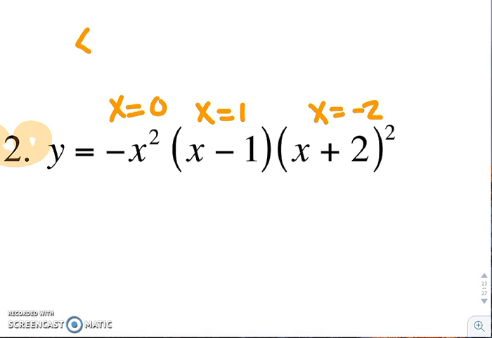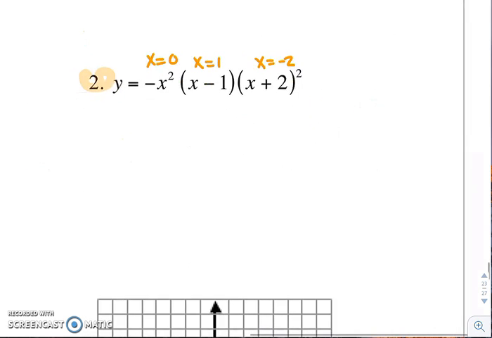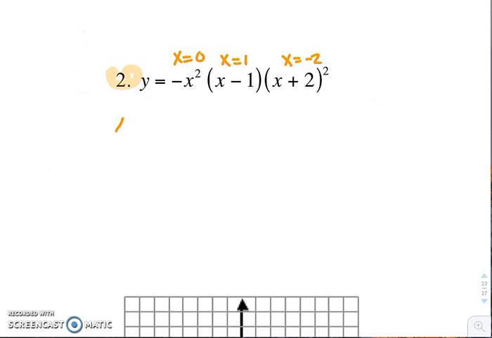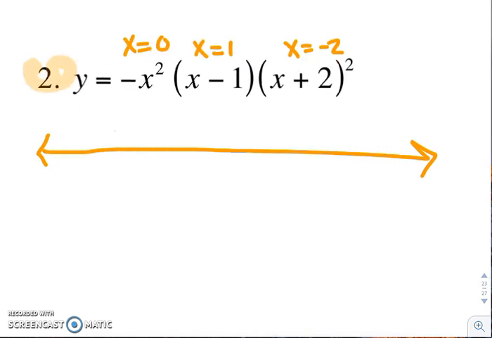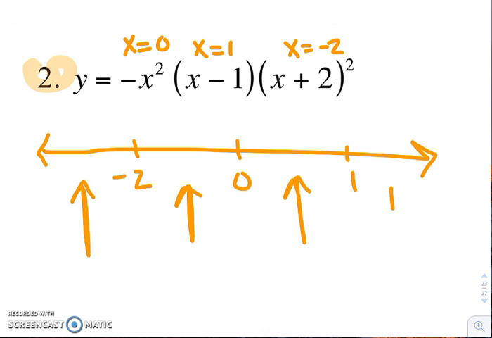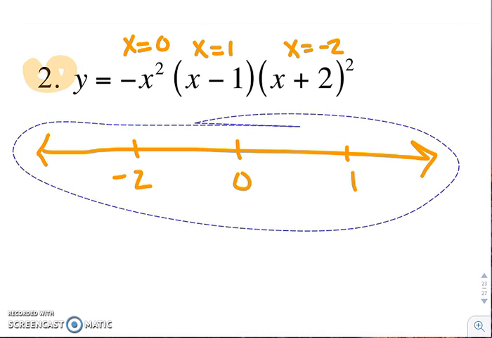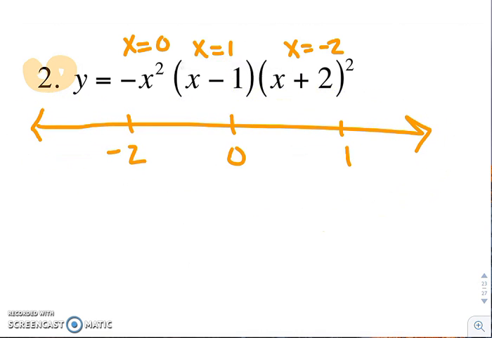So what I'm going to do, because we have to plug in values to find the positive and negative intervals, like on that first page, it was done for you. So we've got the numbers negative 2, 0, and 1. So we had to plug in a number between each of these values and figure out if the polynomial would end up being negative or positive.